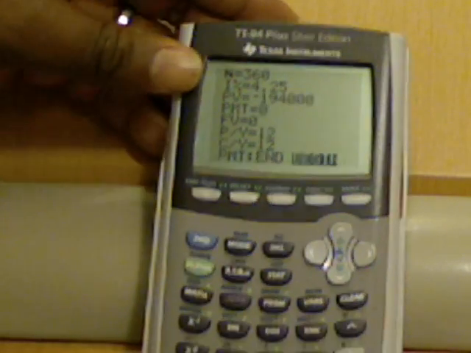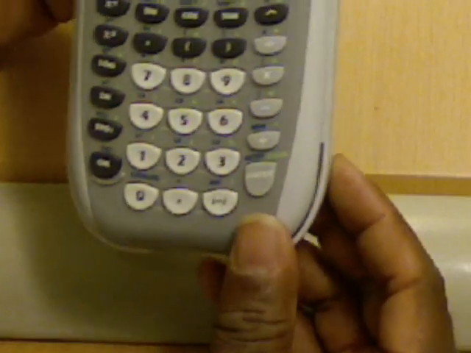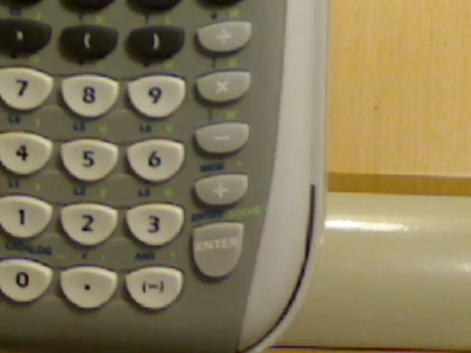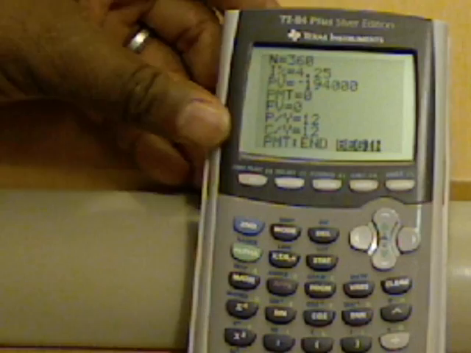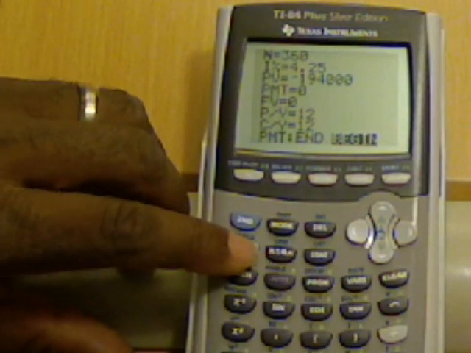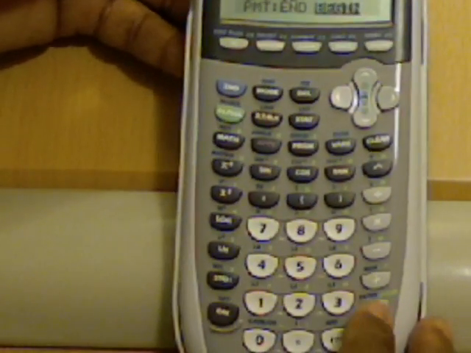And then what I'm going to do is, as you can see right here, you can get real close. If I can get close enough there, it says solve there in green. Since it says solve in green, I'm just going to hit alpha and then enter.